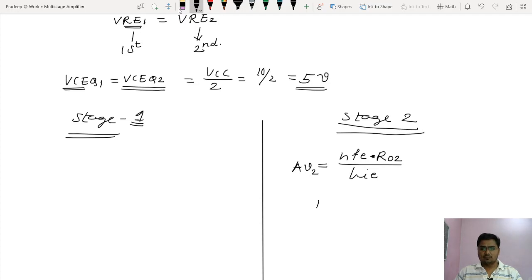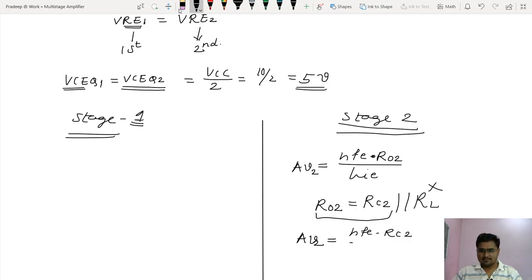Now what is that output impedance of the second stage? Output impedance of the second stage is the collector resistor of the second stage in parallel with the load resistor. But see, in my case the load resistor is not there. So I have RO2 equal to RC2. So the equation will again become AV2 equal to HFE multiplied by RC2 divided by HIE.